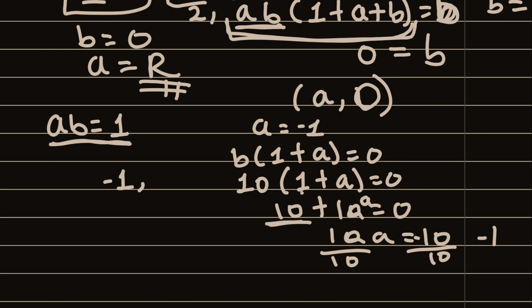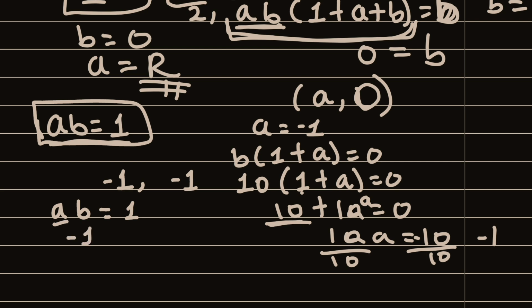And B is also minus 1. How? Because from our first consideration, AB is equal to 1. Yes? We have said that A is minus 1. So minus 1 times B equals 1.